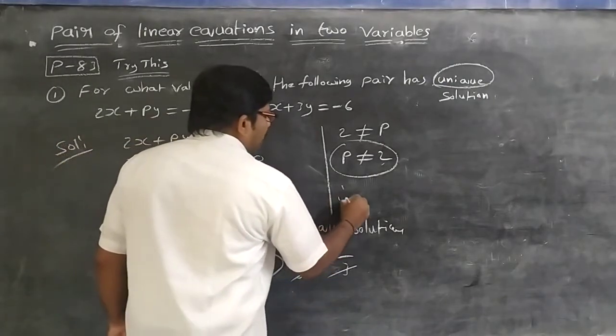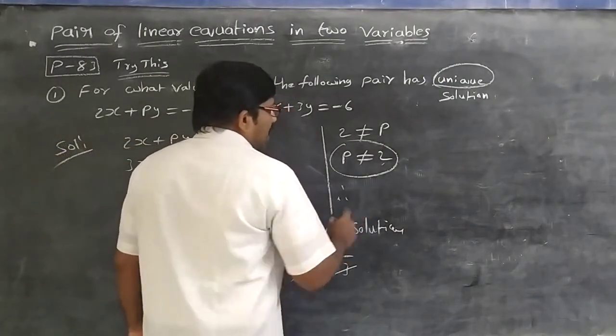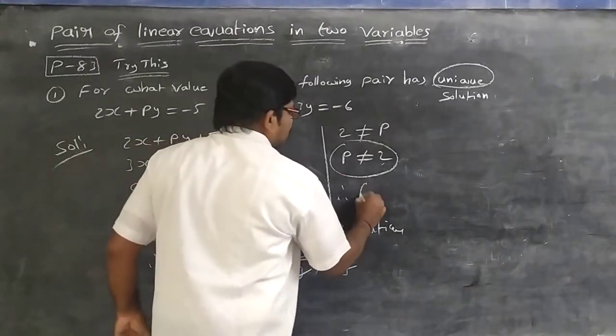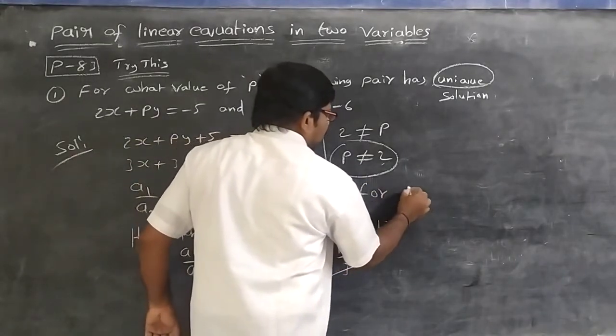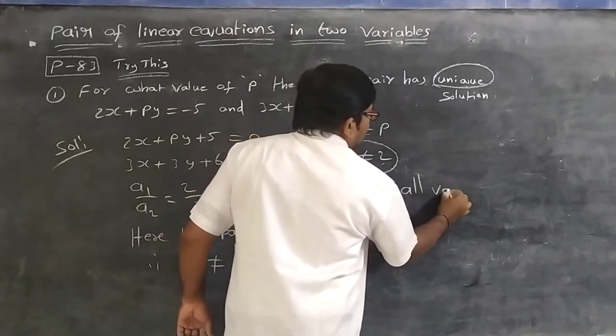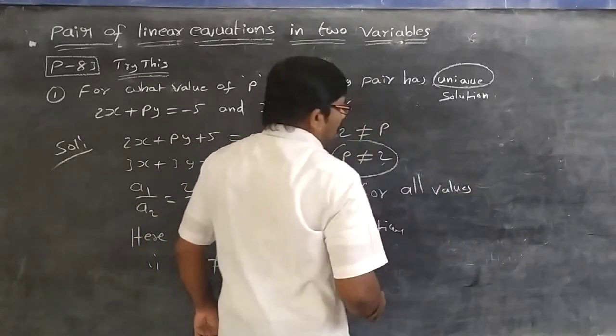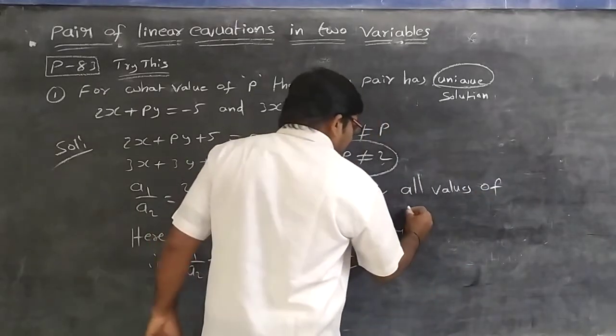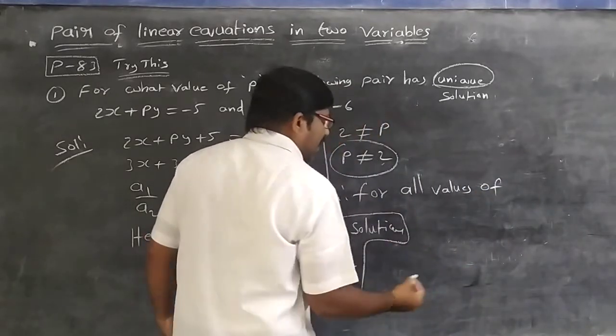So therefore, other than 2, for all values of p, for all real numbers, p is any real number.